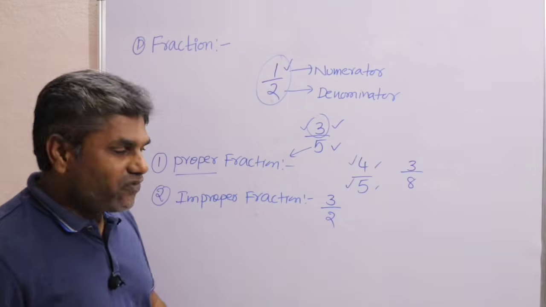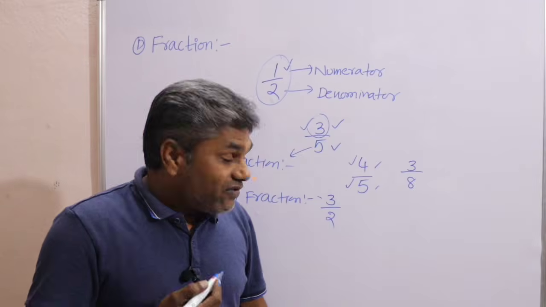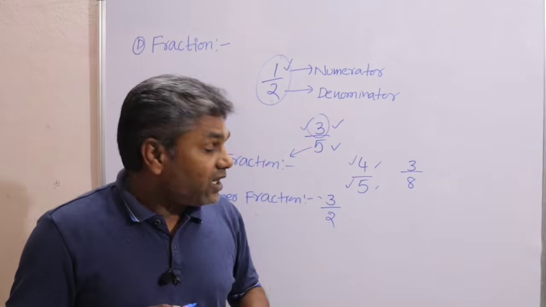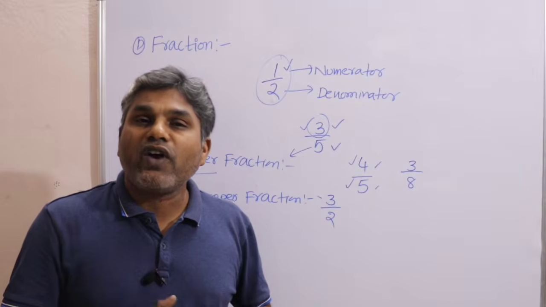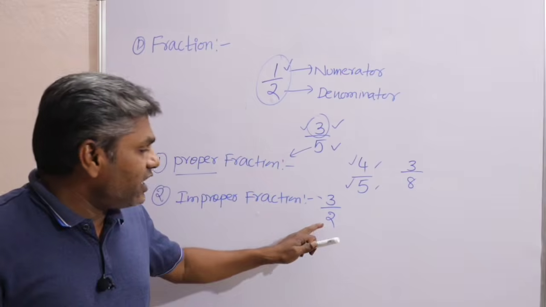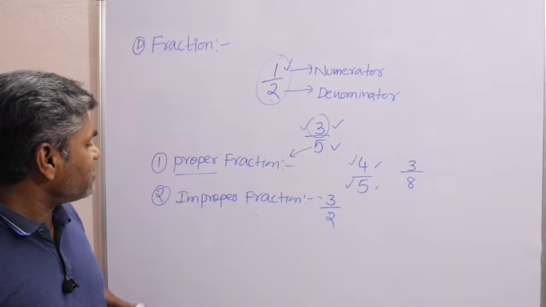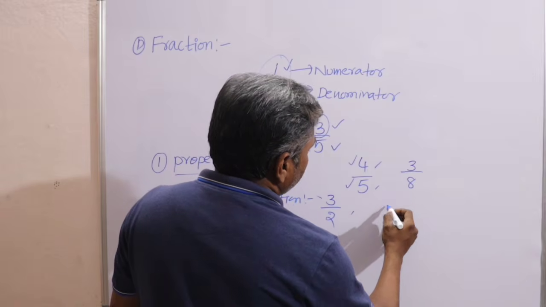This is improper. Why? Because in your numerator you have 3, which is bigger than the denominator 2. So these types of fractions, where the numerator is bigger than the denominator, are called improper fractions.